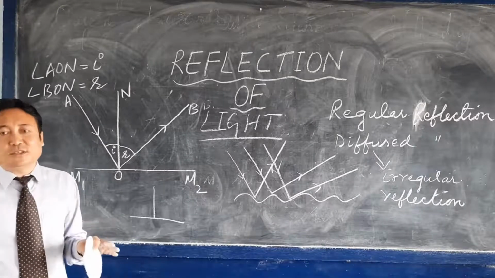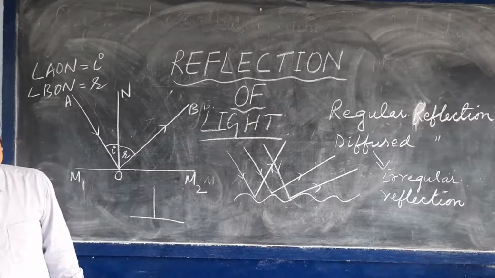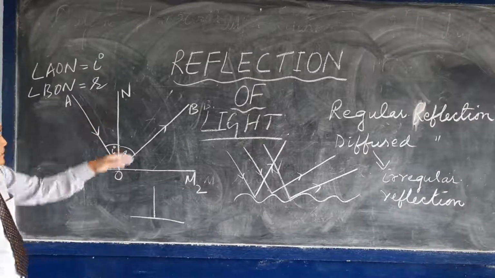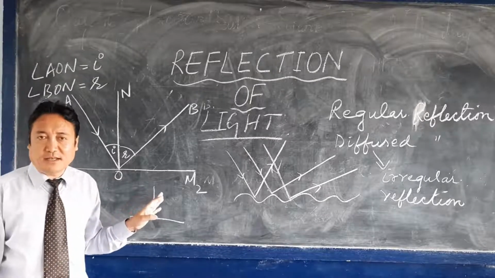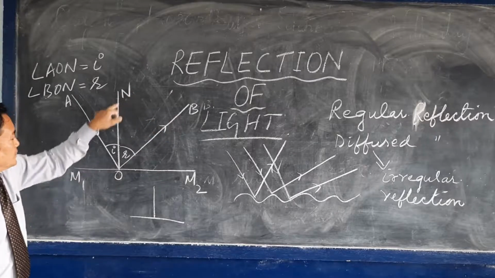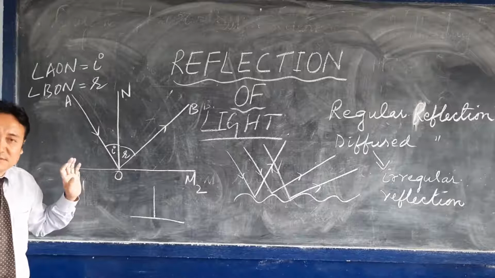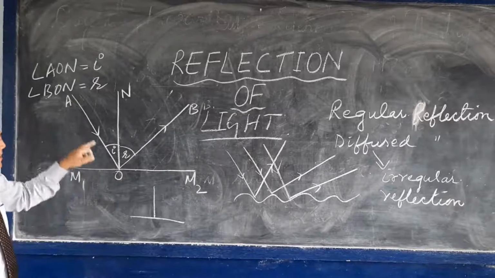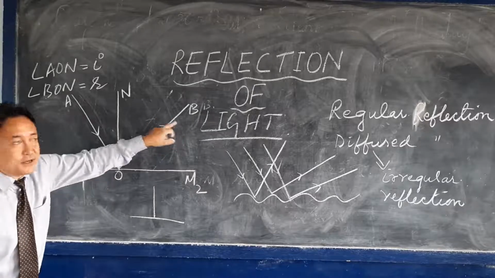So these are the terms associated with the reflection of light. Now let us come to the laws of reflection. There are two laws of reflection. Now follow this diagram. The first law of reflection says that the incident ray, the reflected ray and the normal lie at the point of incidence. AO is the incident ray, OB is the reflected ray, NO is the normal.